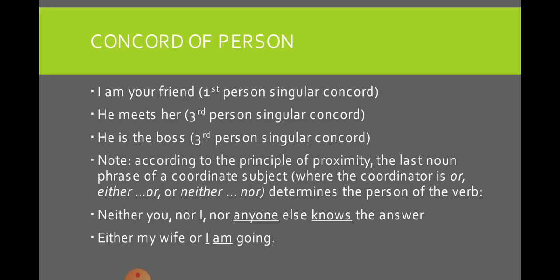Let us take a clearer example. Either my wife or I am going. Here in this example, the rule of proximity worked on both the number and person. Because the first part, my wife, requires a verb like is.